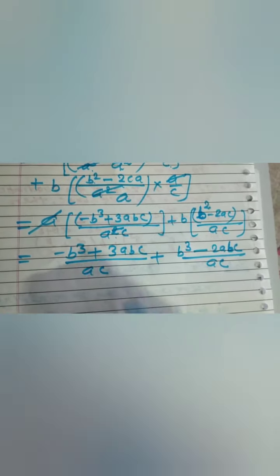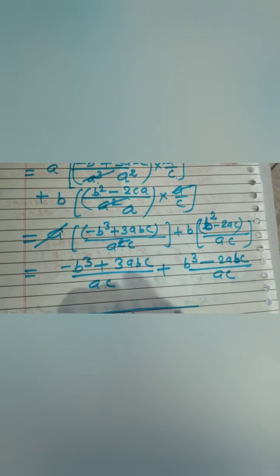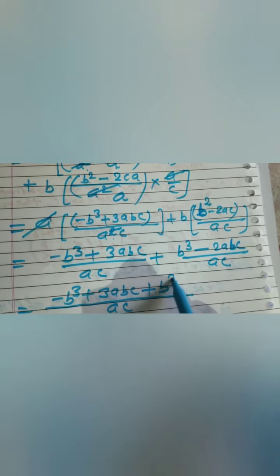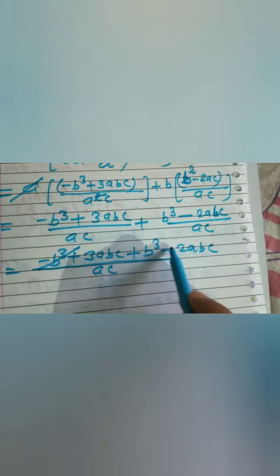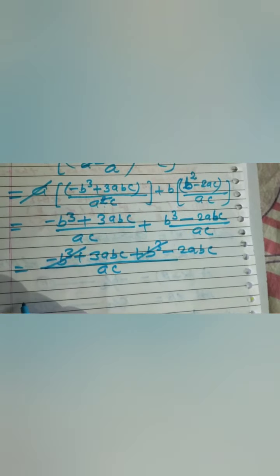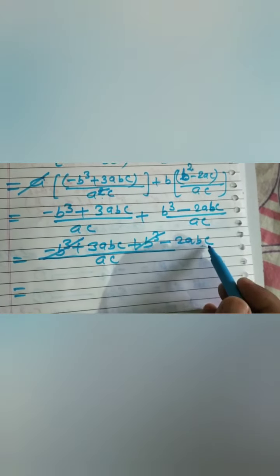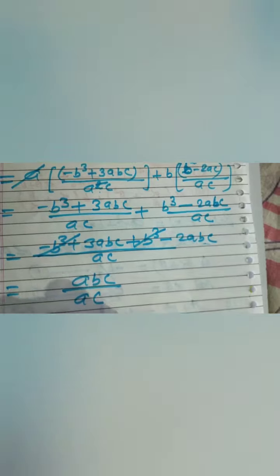So LCM of ac and ac will be ac, and then it will be minus b cube plus 3abc plus b cube minus 2abc. So minus b cube and plus b cube will cancel. Then 3abc minus 2abc, both are like terms, so we can subtract it. So 3abc minus 2abc will be equal to abc upon ac.